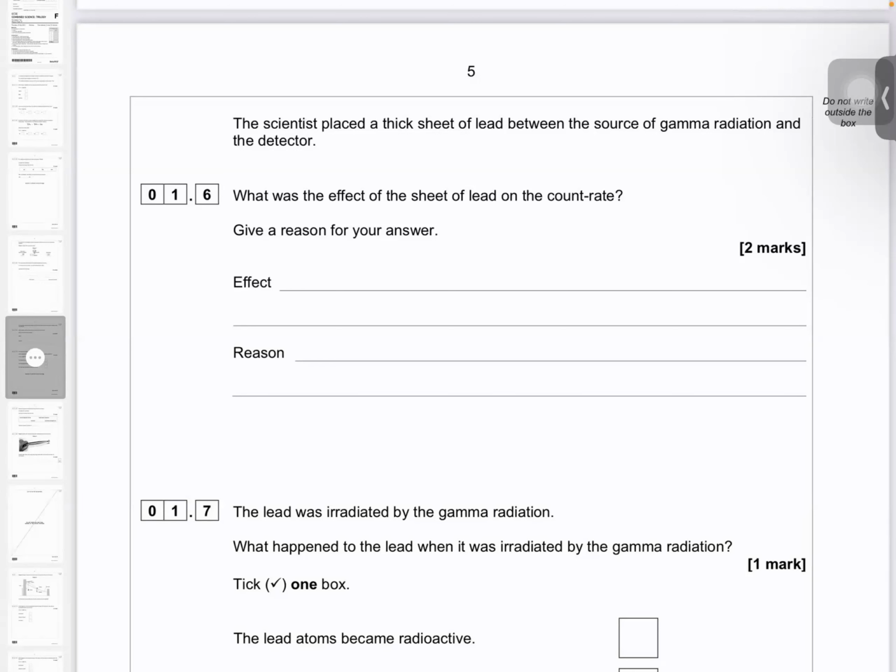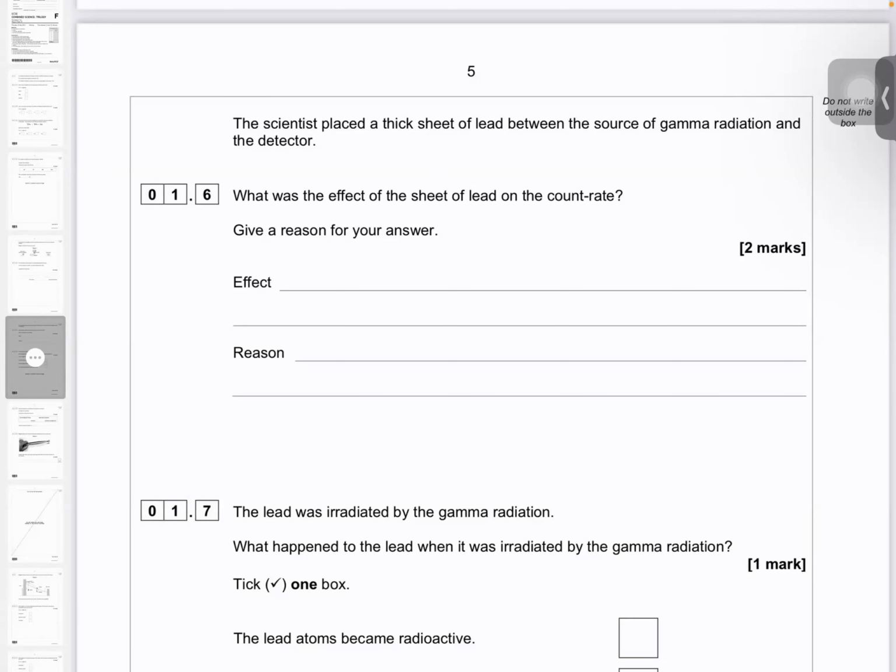What did you say? The count rate would reduce. The count rate is going to reduce, definitely, and that's because of the lead.